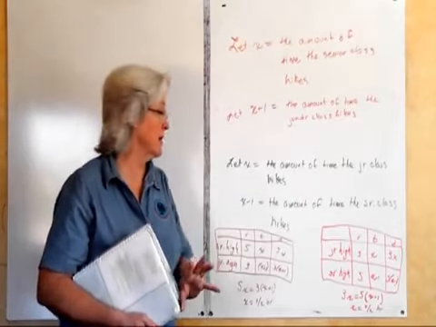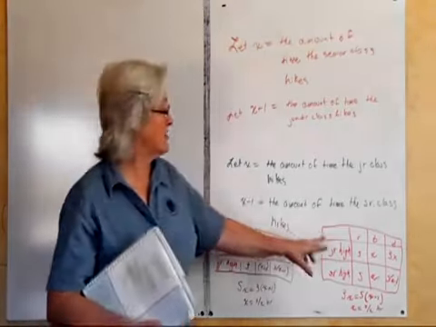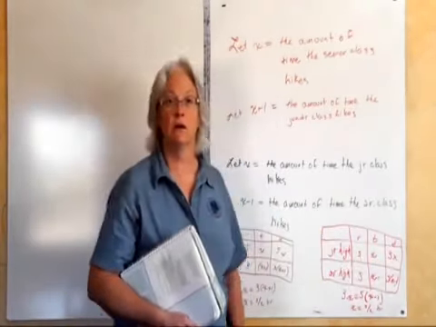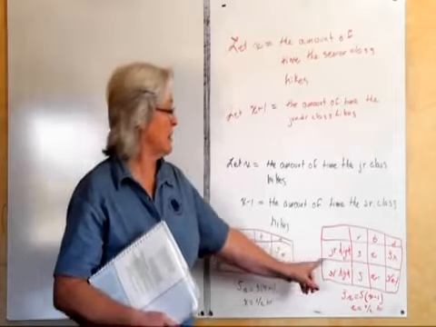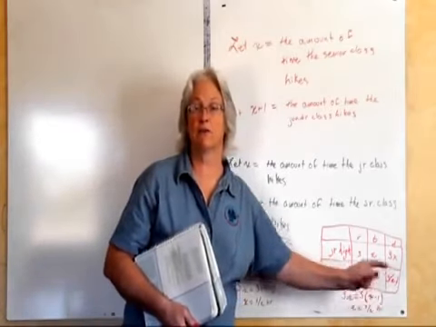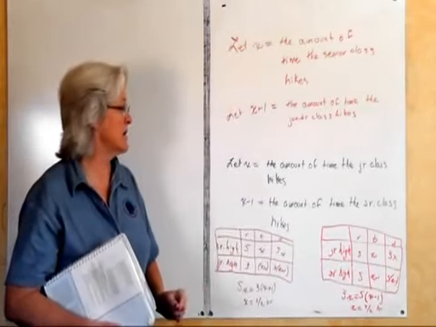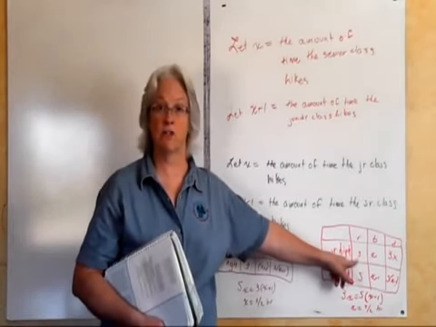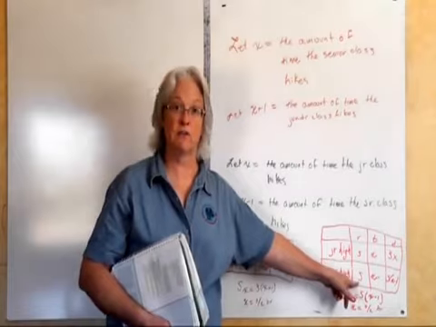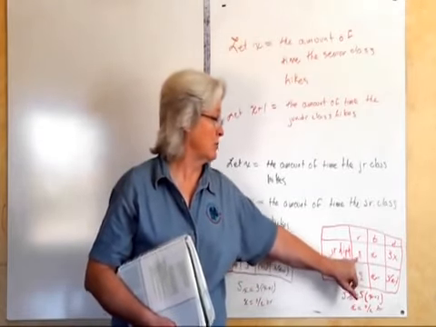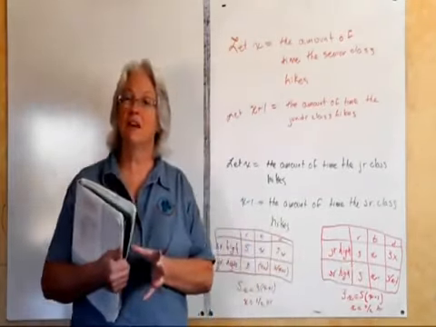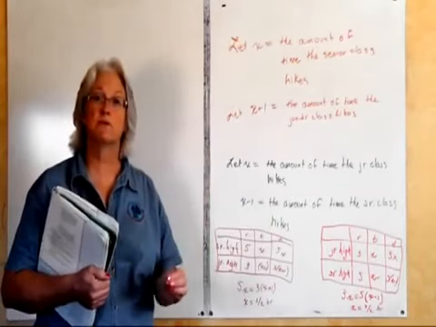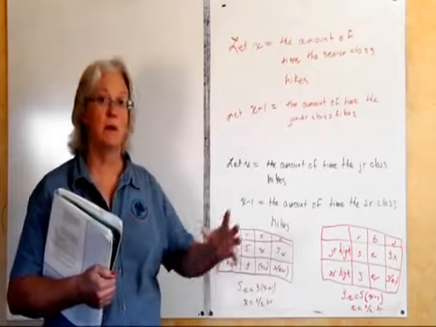Okay, the junior high class travels 3x miles. The senior high class travels 5 times the quantity, x minus 1 miles, because the junior high class travels 3 miles an hour and the senior high class travels 5 miles an hour. You multiply rate times time to give you the total distance that those two groups have traveled.